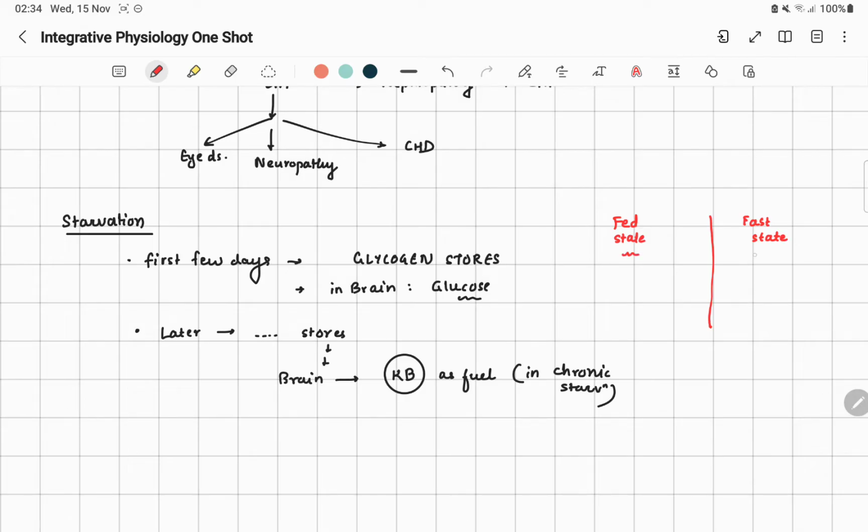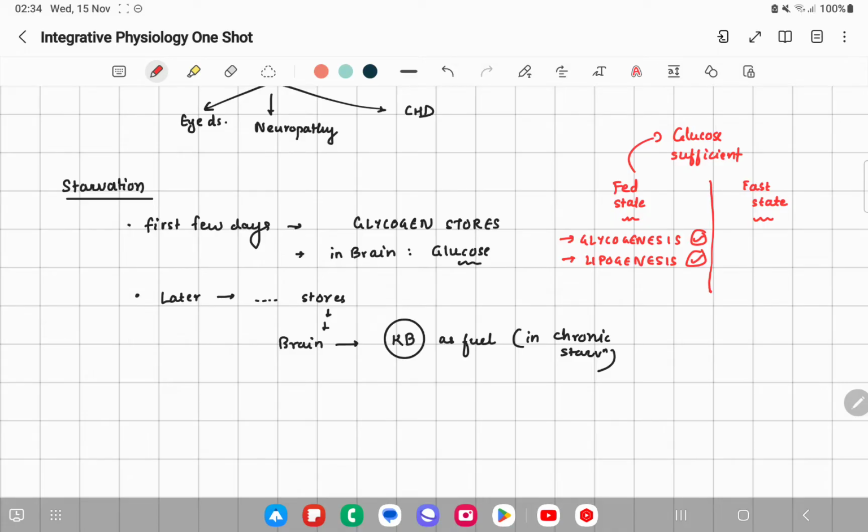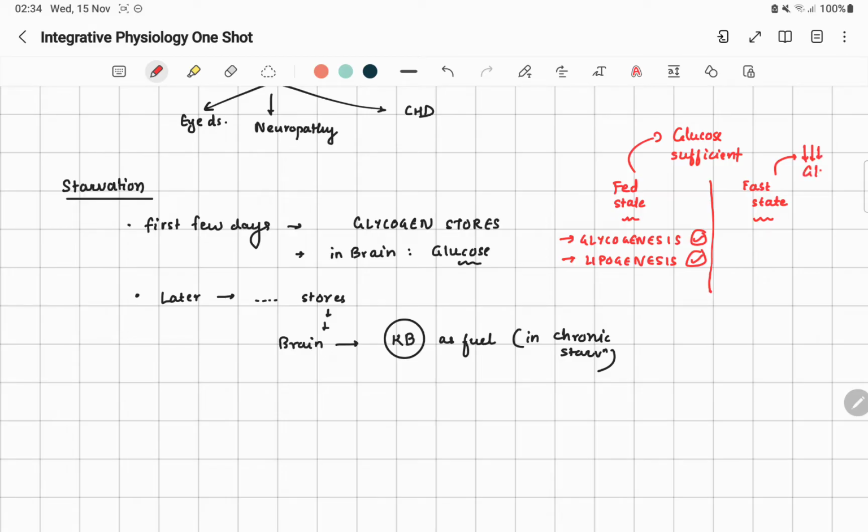In the fed state, we have sufficient food, so it will promote glycogenesis and lipogenesis, because we have sufficient glucose. In the fast state, there is decreased glucose, so it promotes glycogenolysis to make glucose.